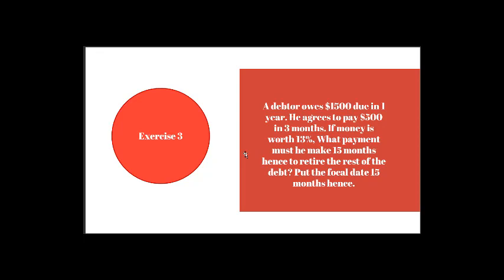In this example, we have one old obligation. We need to replace this old obligation with 2 payments. The first is due after 3 months and the other is due after 15 months.